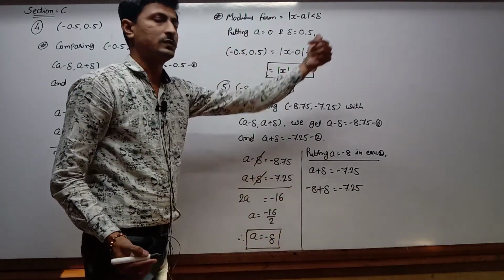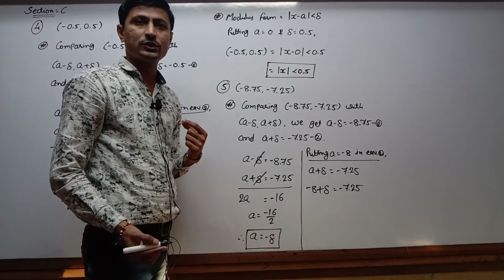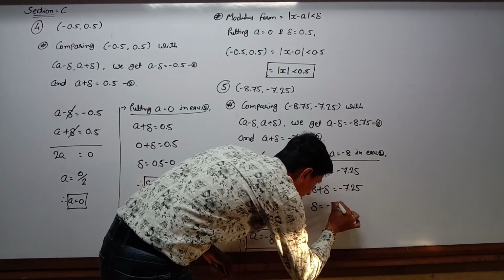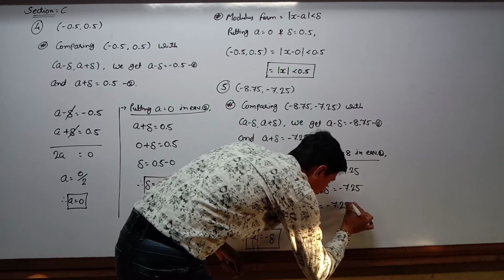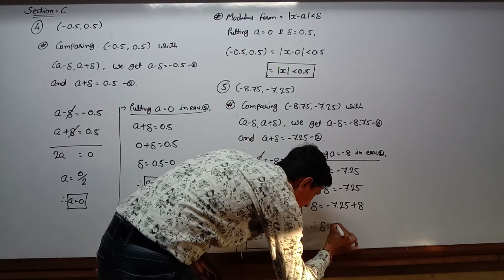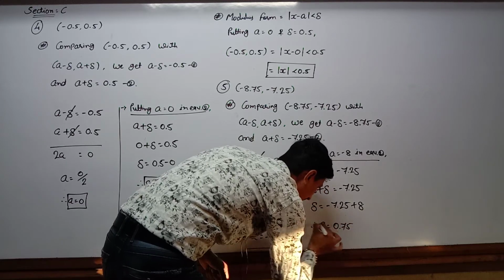Minus 8 we will transfer to the right hand side, that is, positive on the opposite side. Now next step, delta is equal to minus 7.25 plus 8, therefore value of delta is 0.75. Check it.